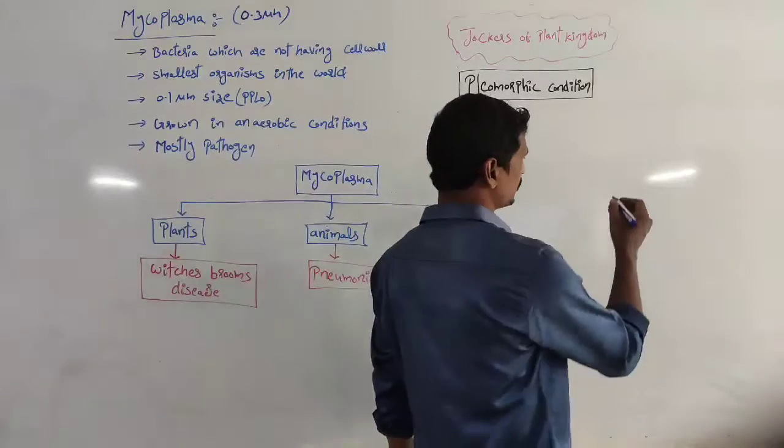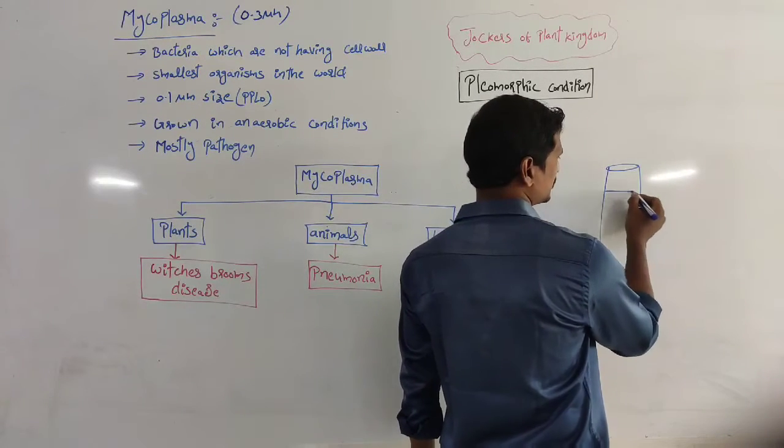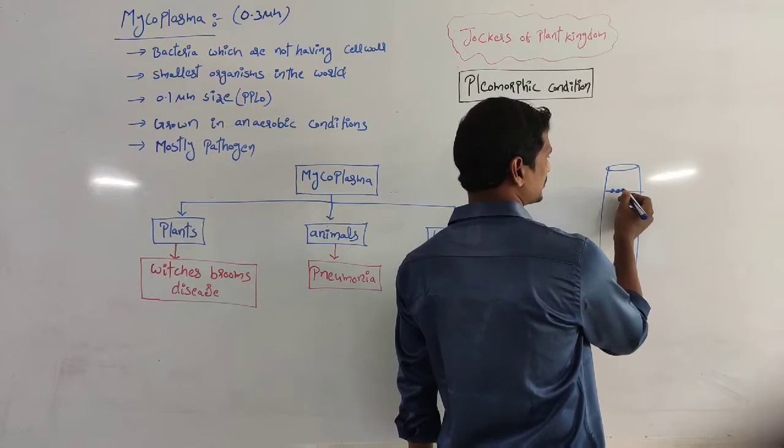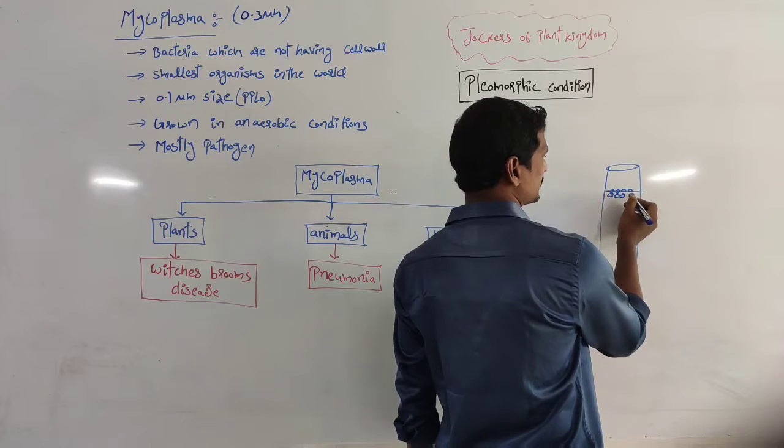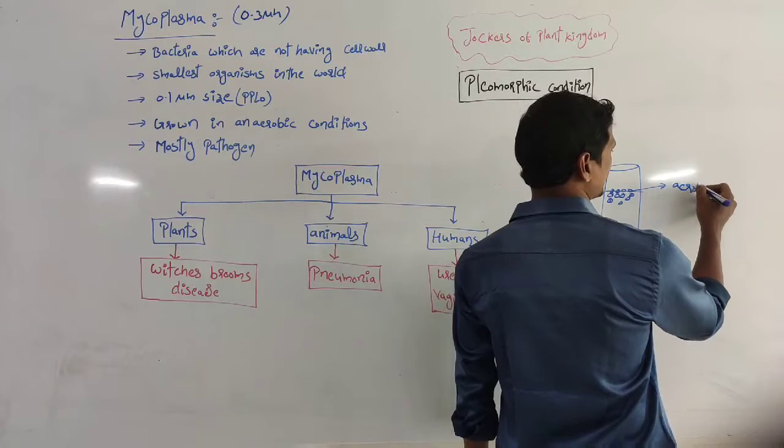Take this test tube with a solution. Some bacteria grow at the surface of the solution, so definitely these are aerobic bacteria.